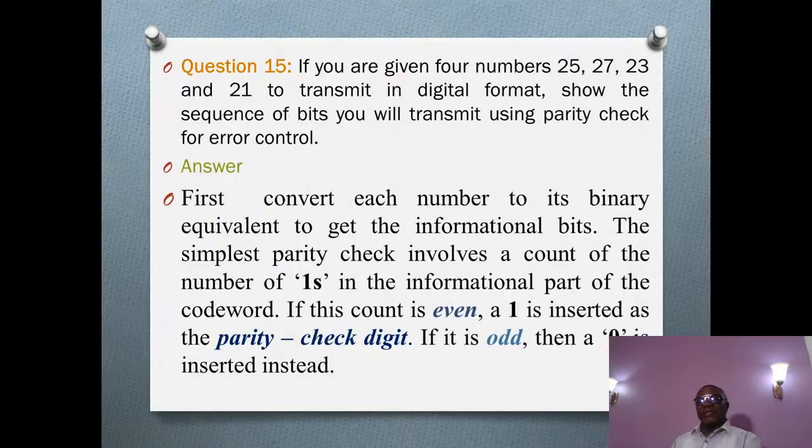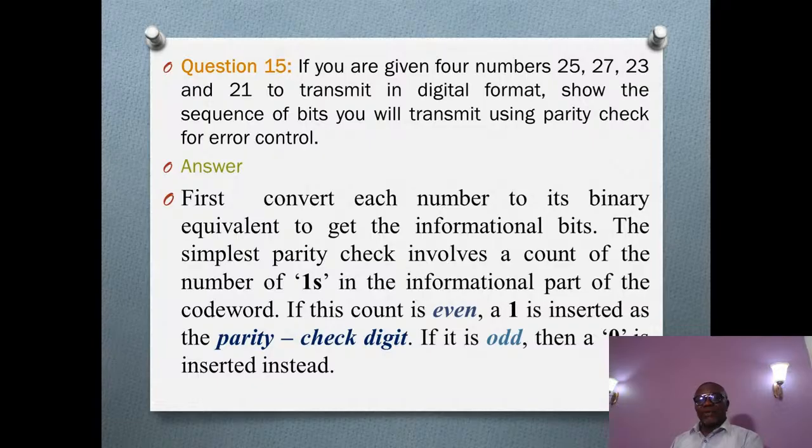We have said that you use parity checks, or you pad your system with parity checks, so that at the receiving end, the system will scrutinize the parity checks and use it to know whether the string of ones or string of zeros that are contained in what you transmitted is what is supposed to be. If it is not what is supposed to be, automatically means that there is an error.